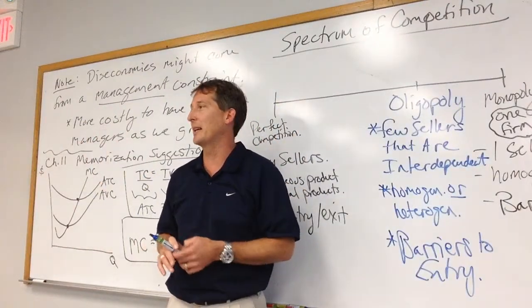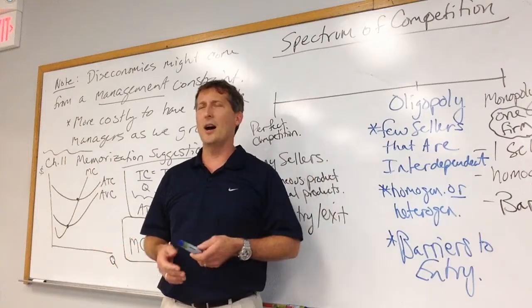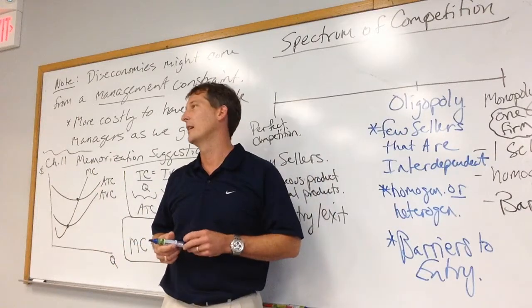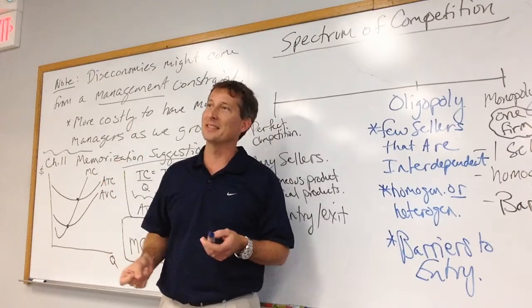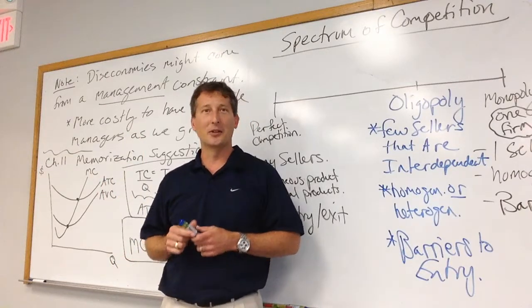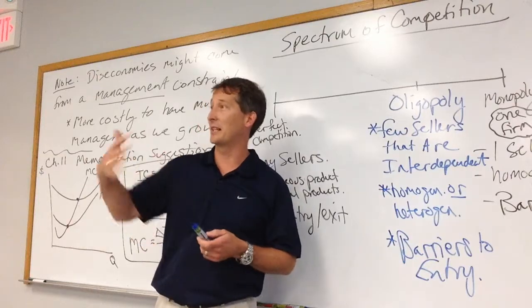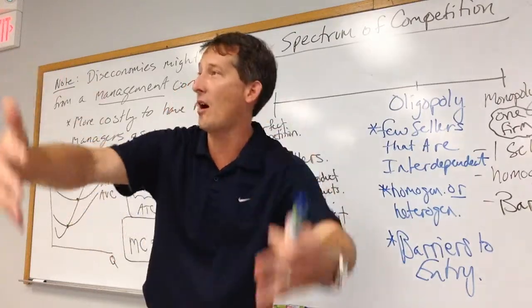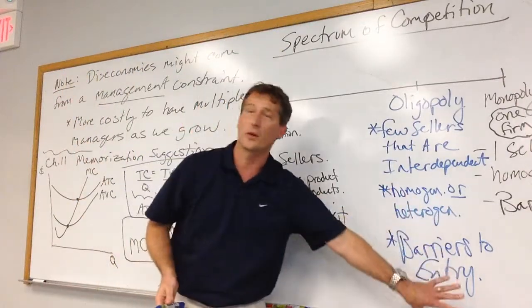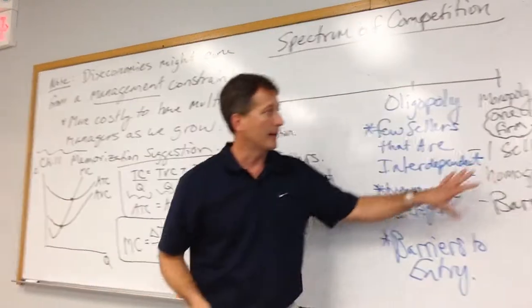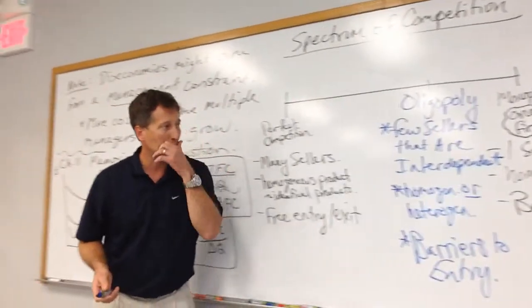Suppose you want to be in the airplane business. Oh, I can make airplanes as good as Boeing, right? Do you just overnight start up an airplane business, or might it take you a few $100 billion to actually get started? So there's a high cost of entering. That creates a barrier to entry. So high cost is another thing that could cause a barrier to entry.